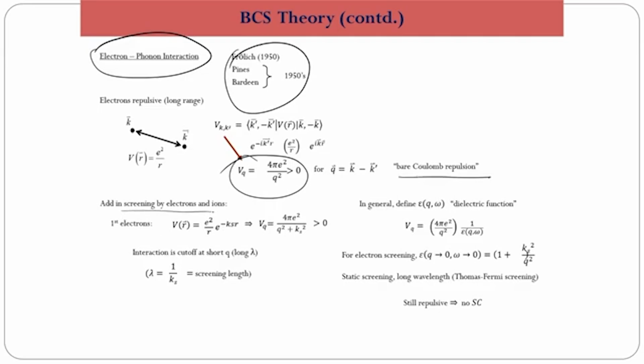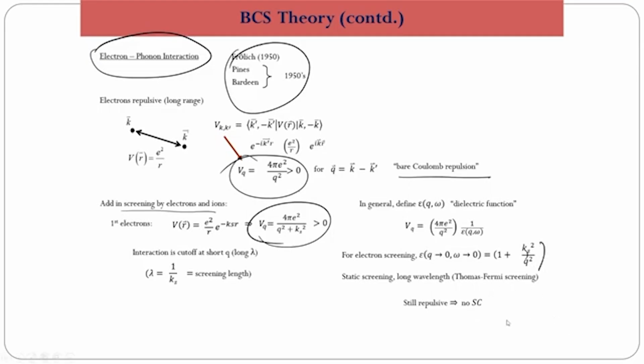But if you add screening of the electrons due to ions, we will show you a picture of that, you get some V(q), which in momentum space is like 4 pi e square by q square plus k square, where lambda is 1 over k_s and q is the running total momentum of the two electrons. This is kind of important in the initial discussion.